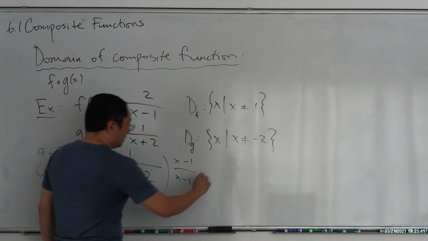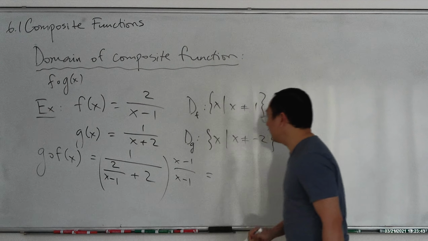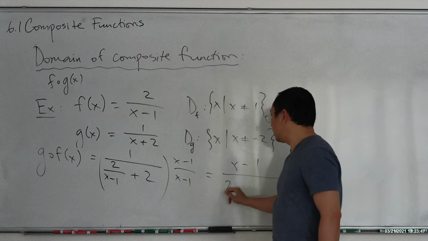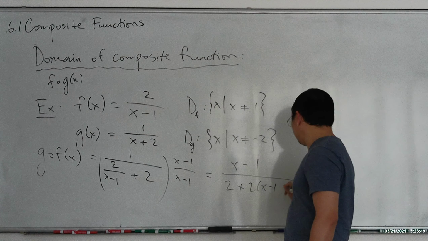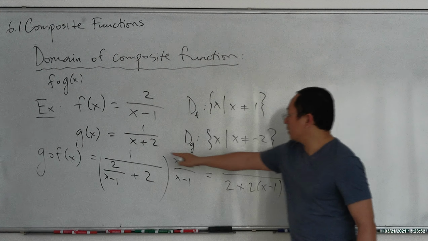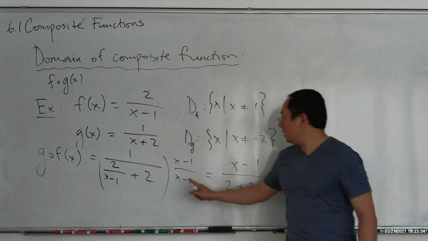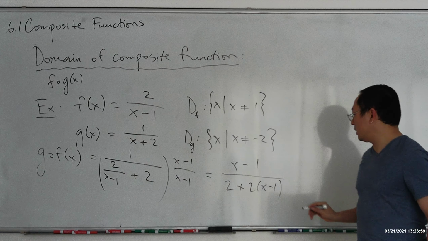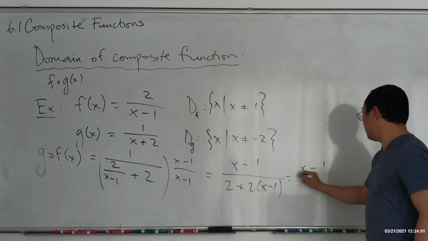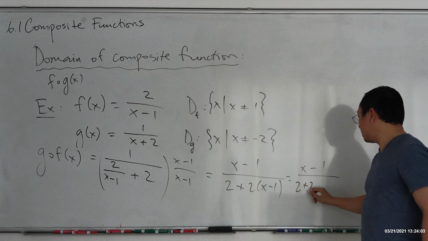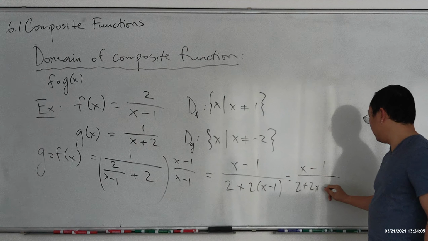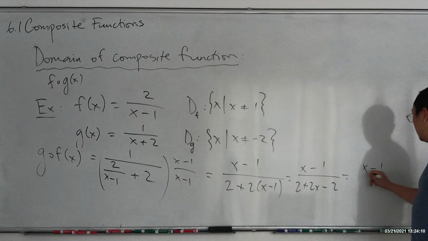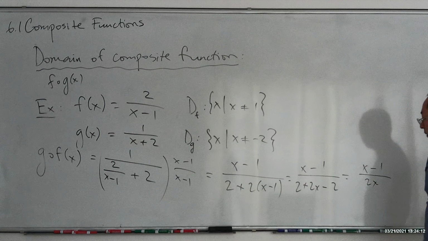We have x minus 1 on top over 2 plus 2 times x minus 1. 1 times x minus 1 is just x minus 1. 2 times x minus 1 is 2x minus 2. This is x minus 1 over 2 plus 2x minus 2, which is x minus 1 over 2x.